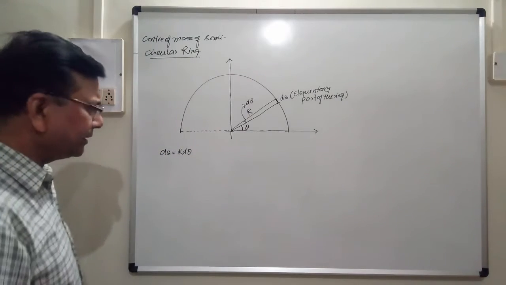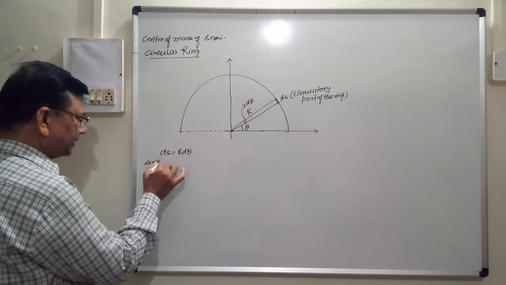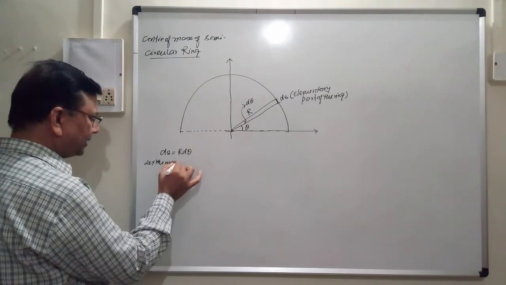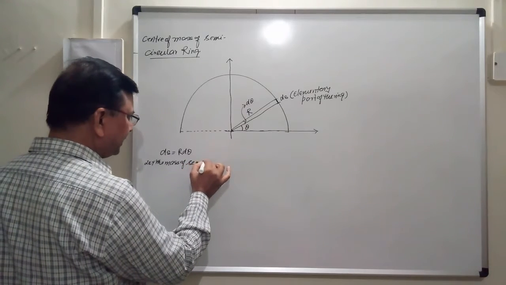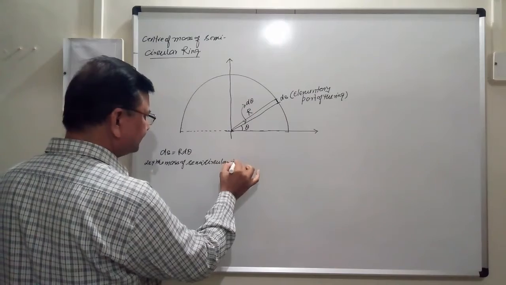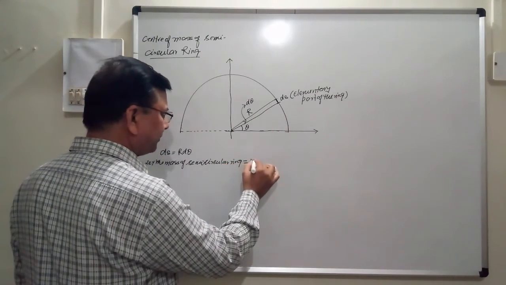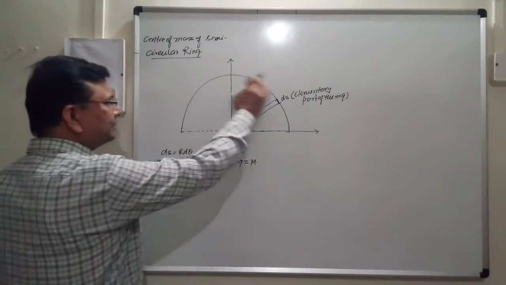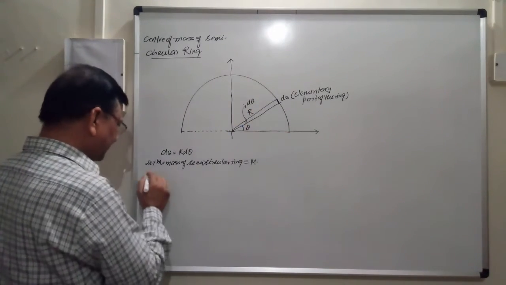ds is r d theta, and let the mass of the semicircular ring be capital M. So mass of the semicircular ring is M and radius is r.